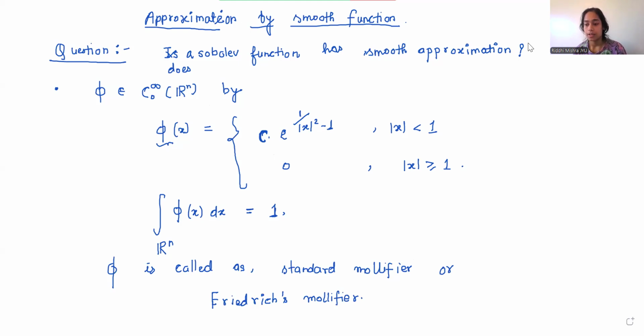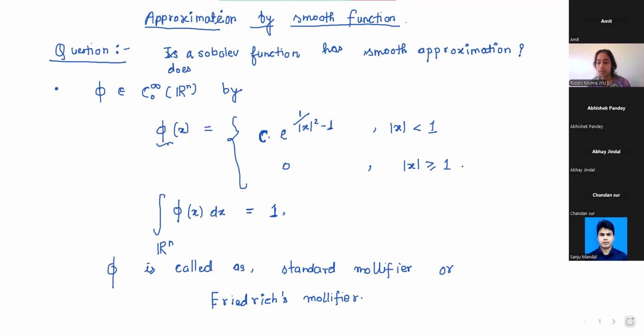With the help of the Friedrichs mollifier, I will define a different mollifier. The support of phi is in a unit ball, and now I will define one where the support is in a ball with radius epsilon.